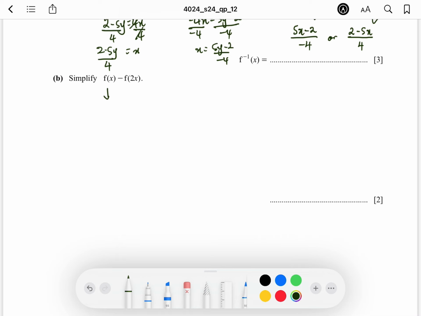So f(x) is given as 2 minus 4x over 5. So that's fine. Okay. Minus function of 2x. That means what? That means the x, you replace it with 2x over 5. So it is the same function.